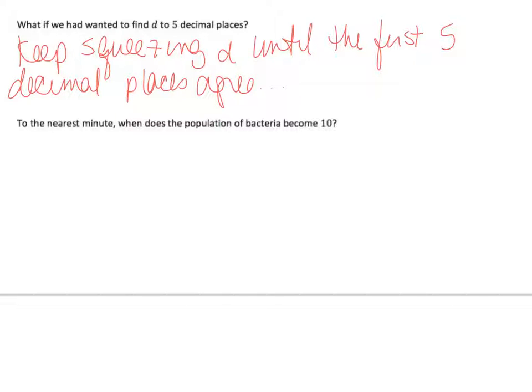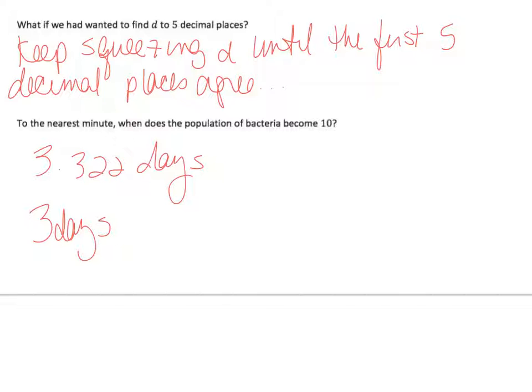To the nearest minute, when does the population of bacterium become 10? So we said 3.322 days on our table. I know you can use 3.32, but this would be 3 days.